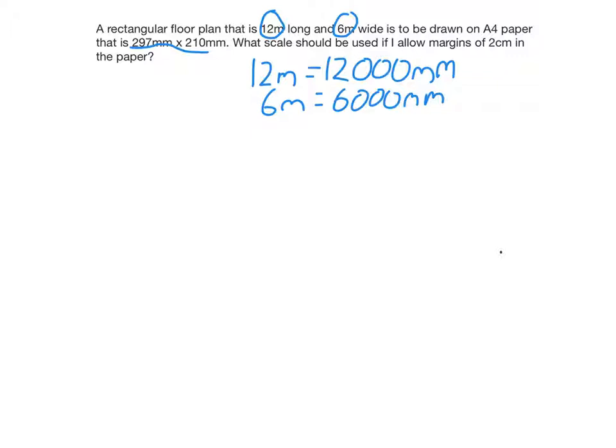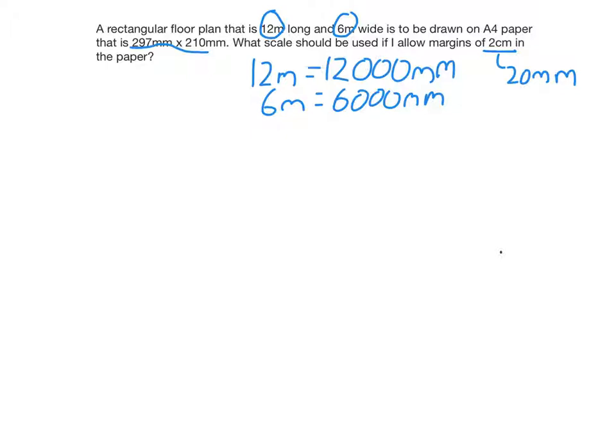The second step says determine the size of the space available allowing for margins. So of course 2 centimeter margin is 20 millimeters. So I'm going to leave a 20 millimeter margin in all directions. So really, you're going to have 20 millimeters less at the top, less at the bottom, less at the left, and less at the right.